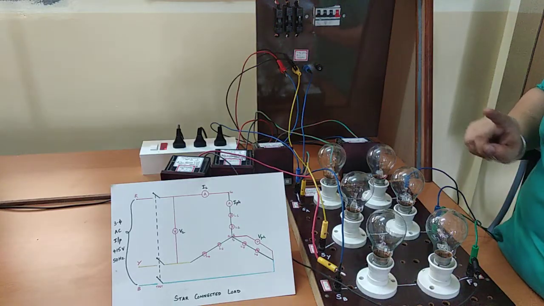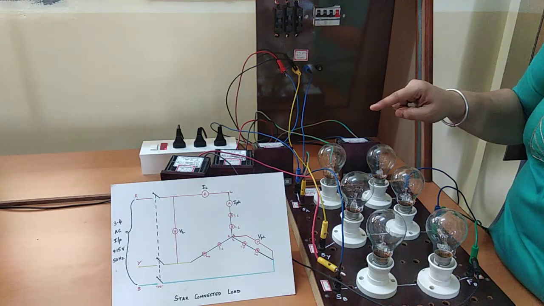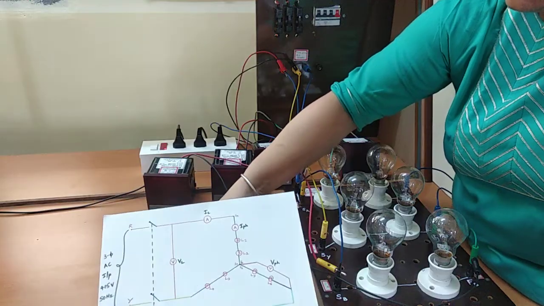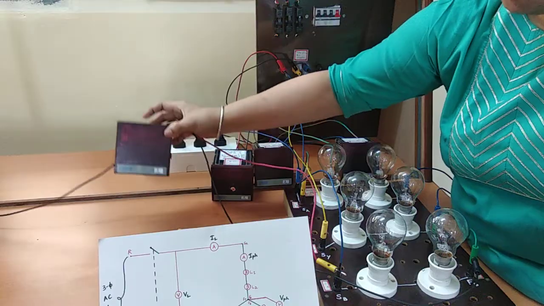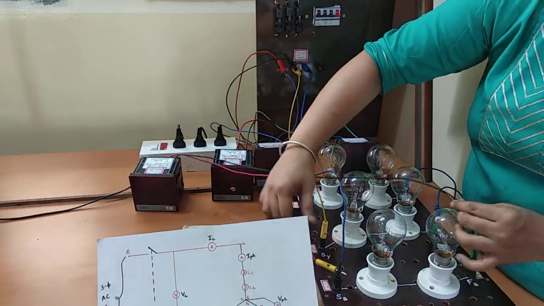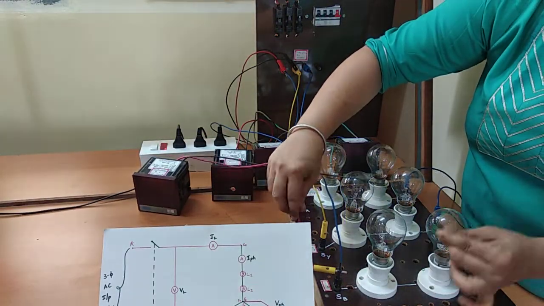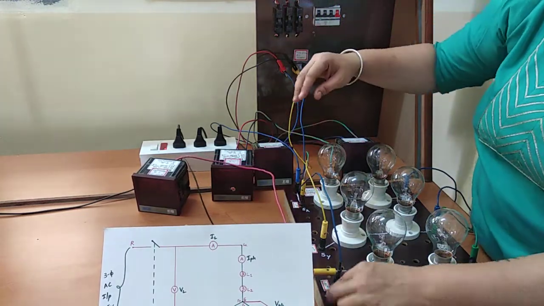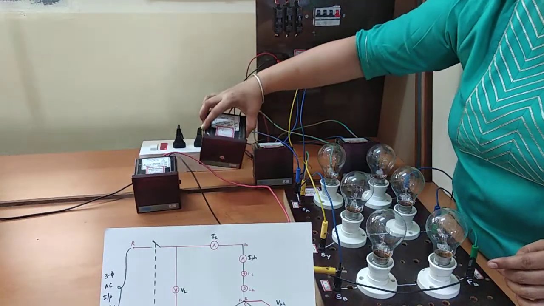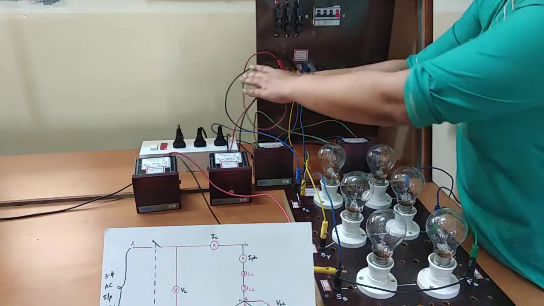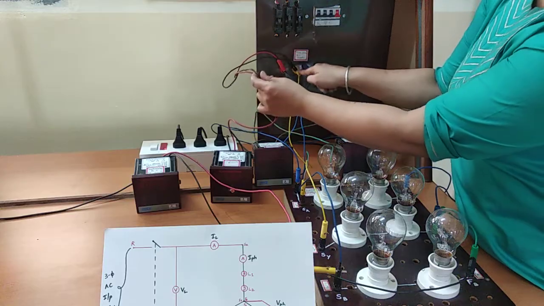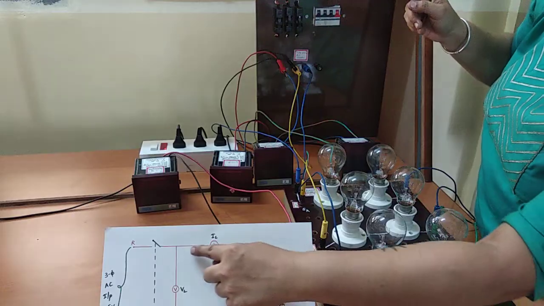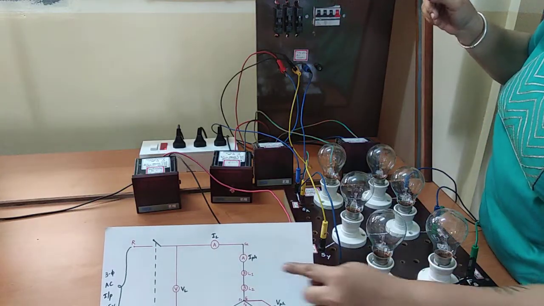So now let us learn which measuring instrument is reading what. So this voltmeter is connected across SR, SB and FB. This is reading V phase, the voltage across phase. Next, we have this voltmeter which is connected across the line supply R and Y. So this is reading voltage VL. Then we have an ammeter which is connected from the line to the phase.